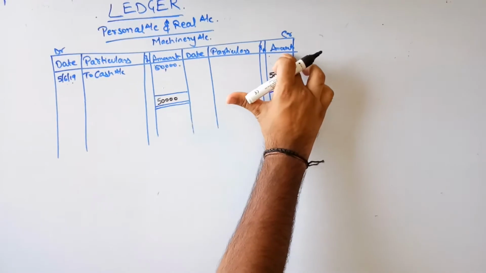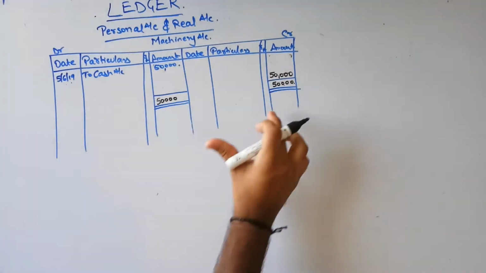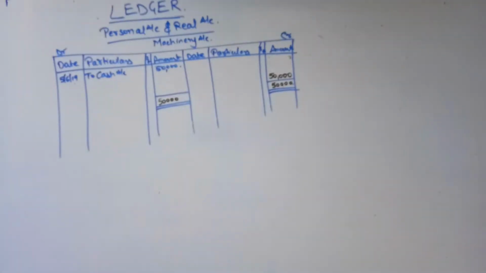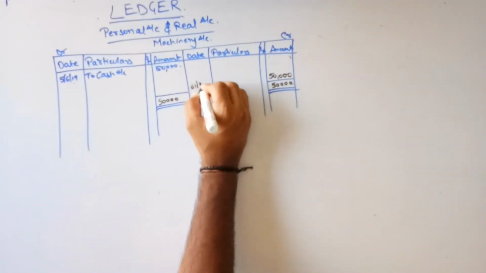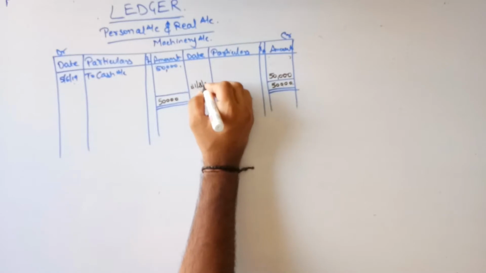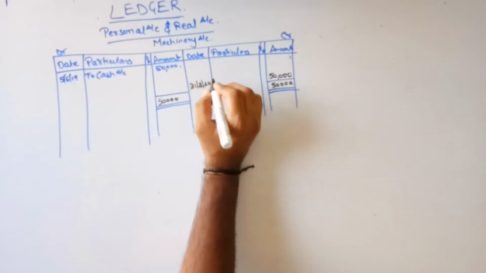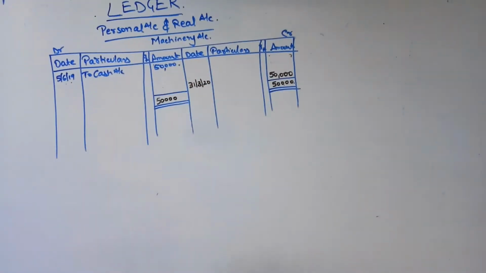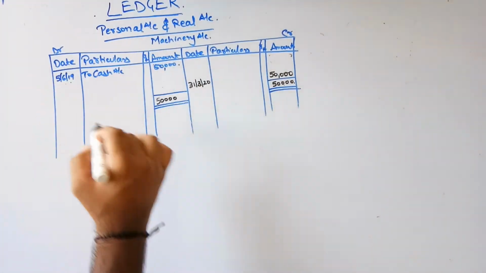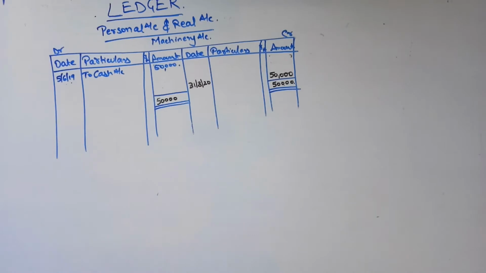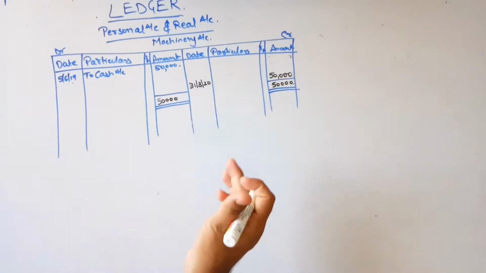Now when will you close this account? When will you balance the account? What did I say? This will always be on the last day of the financial year, which is on the 31st of March 20. On the 31st of March 20, this balance of 50,000 which is left in this account will be carried down.